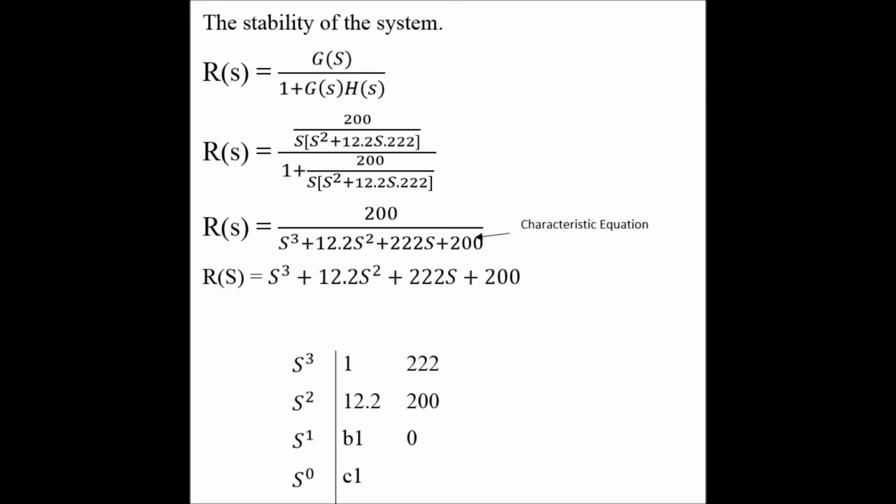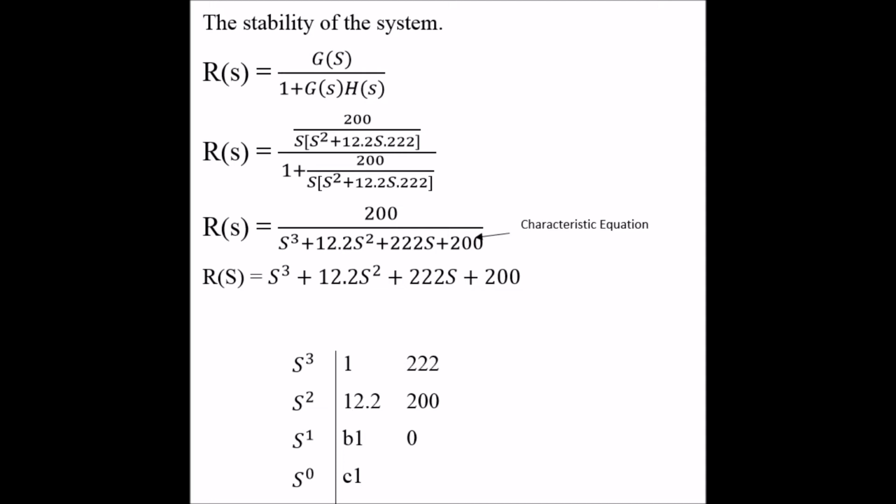Next, we have to analyze the stability of this system. To find the stability, we use the Routh-Hurwitz stability criterion. Firstly, we need to find the characteristic equation by using the formula Rs equal to Gs over 1 plus GsHs.